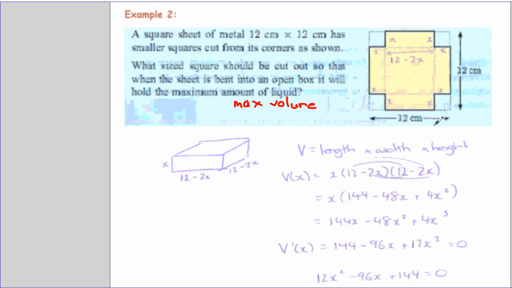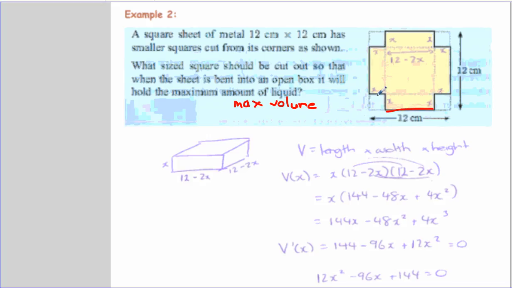If you folded this up into a little box, you know its height would be x, because these little flaps would make the height. So the height would be x. So I've put that first, just because it's easy to put the x first. Its bottom length would be 12 minus 2x. Why did I say that? It's because all of this is 12, but this little length here would be 12 minus x minus x.